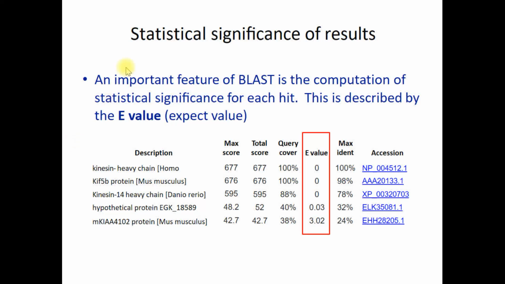When we talk about statistical significance, we think about p-value and false discovery rate. Here, the e-value is in some way similar to the p-value, especially when the e-value is less than 0.1. The number itself is very similar to the p-value when it's less than 0.1.